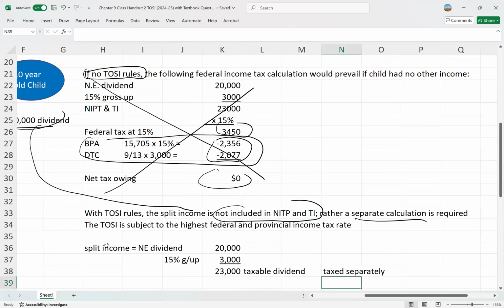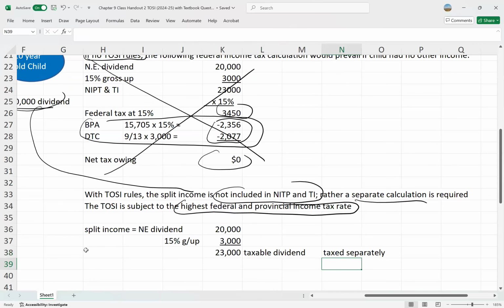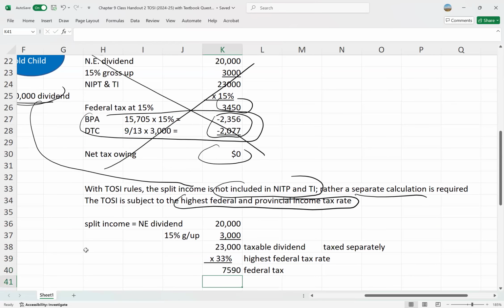And so the way that it's going to be taxed separately is we're going to apply the highest federal and provincial tax rate. Now we're just going to focus on the federal tax rate. The highest federal tax rate right now is 33%. If you look at your rates table, it is 33%. So the federal tax will be 23,000 times 33%, 7,590. They're only going to get the dividend tax credit.